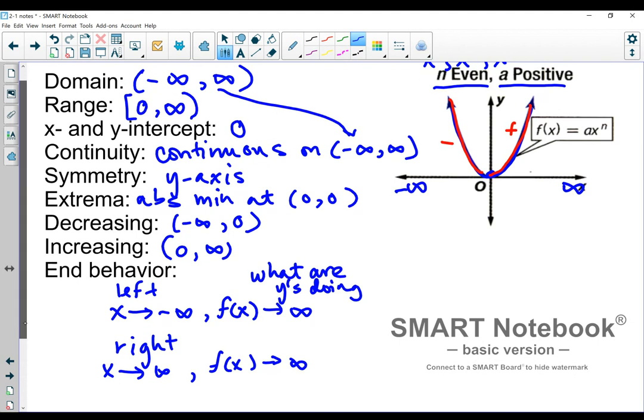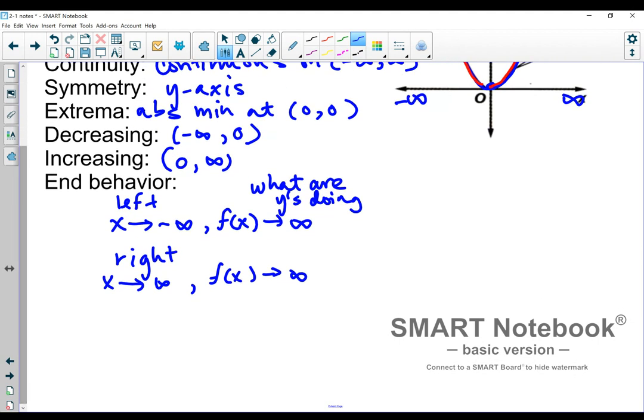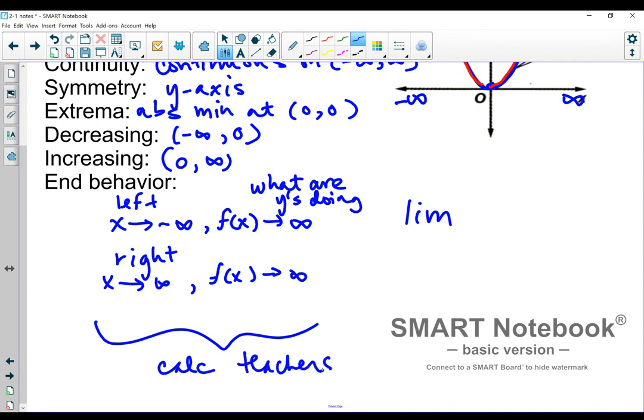The way that your book is going to write this, we're not going to be using this notation so much this year, except it is in your textbook, but the calc teachers prefer we do it this way. Calc teachers like this in pre-calc. In pre-calc, they want to save the rest to teach you next year. But the way you're going to see it in your book is they're going to say the limit as x goes to negative infinity of f of x.